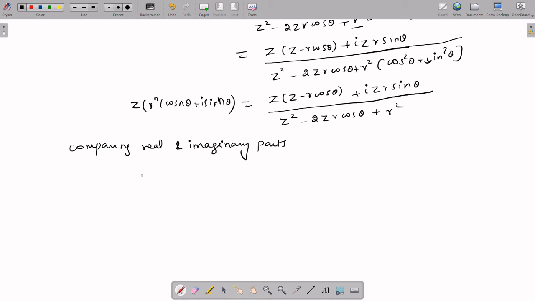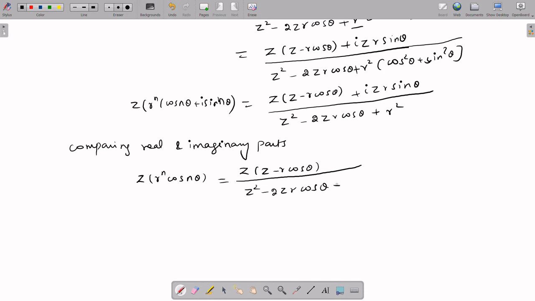that the Z transform of r power n cos n theta is equal to, here we are taking real parts alone, z into z minus r cos theta divided by z squared minus 2zr cos theta plus r squared.